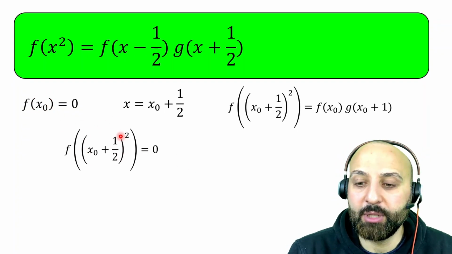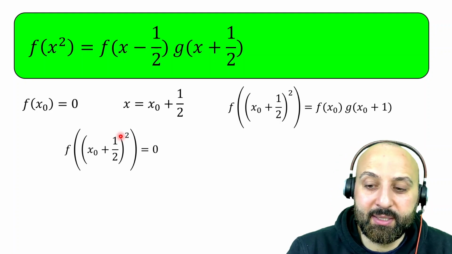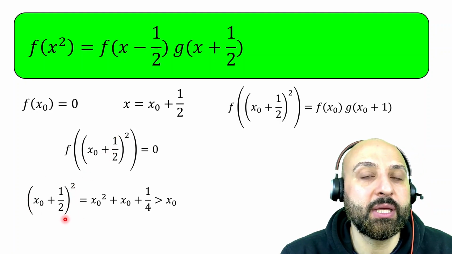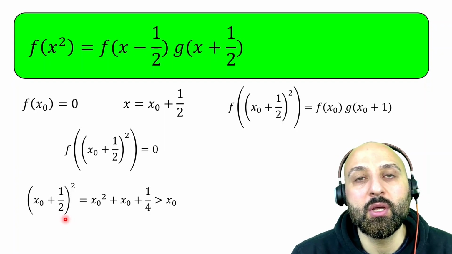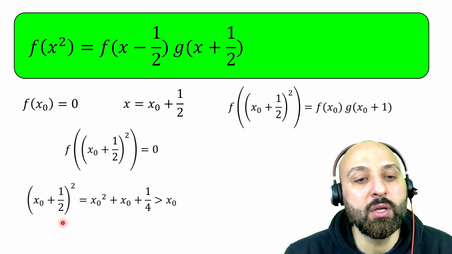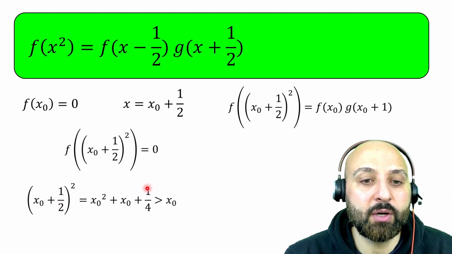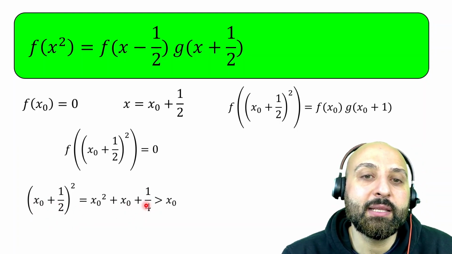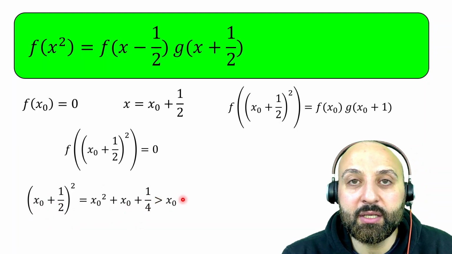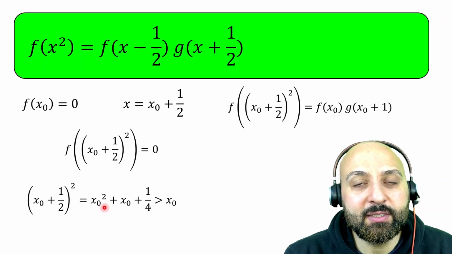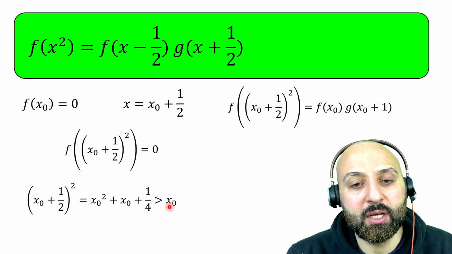So that is some new information. But the important part here is that let's evaluate this new root that we obtained, (x0 + 1/2)². It becomes x0² plus 2 times the first one times the second one, which is x0, plus the second one squared, 1/4. And if you compare this now with the initial x0, of course x0 with x0 disappears, and x0² plus 1/4 is always larger than 0.